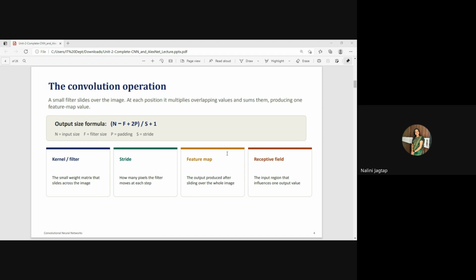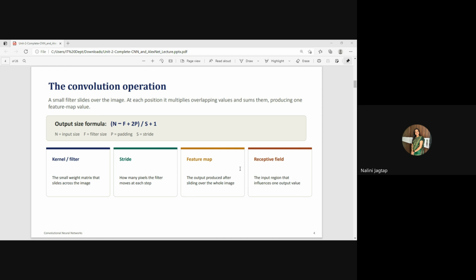If the patch under the filter looks similar to what the filter is tuned to detect, the multiplication and summation produces a large value. If it looks completely different, the value comes out small or even negative. So a feature map is really a map of where in the image this particular pattern appears and how strongly it appears.